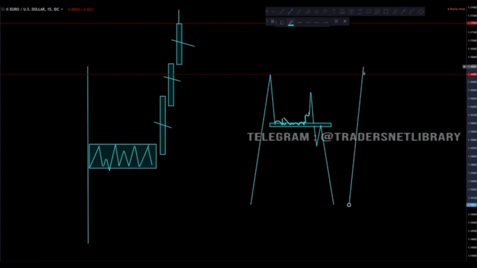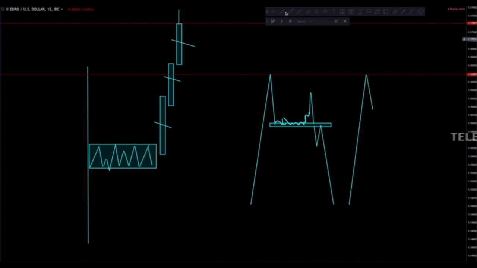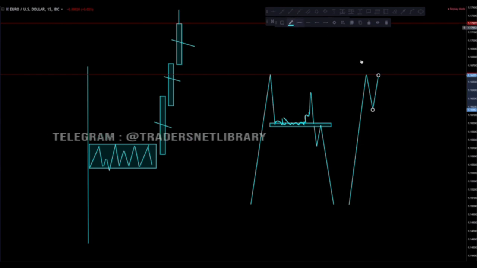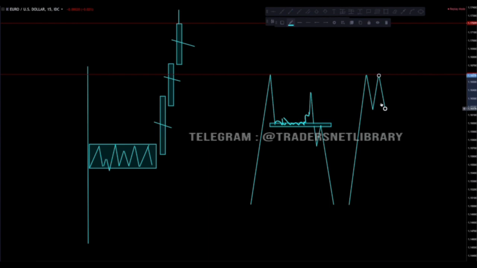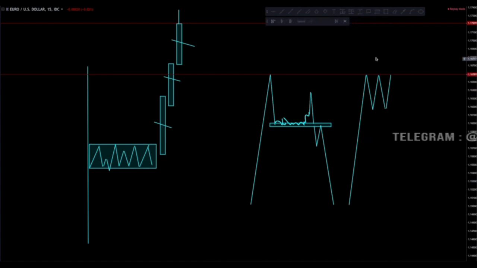A massive spike again, pullback, a massive spike again, pullback, and another spike to the resistance. And you're thinking, okay, it's just going to break out.